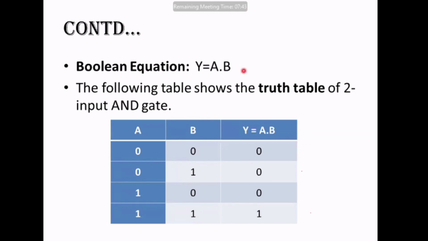So these are the numbers which will be used to represent your particular IC. So when you are doing the practicals, on the basis of those IC numbers, you will recognize that this is my OR gate, this is my AND gate, or this is my NOT gate. For practicals, you need to remember the IC numbers of that particular circuit.